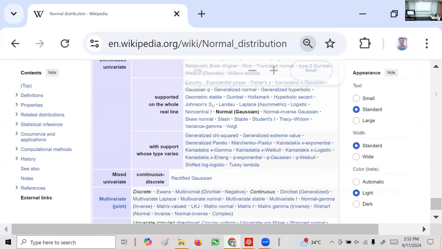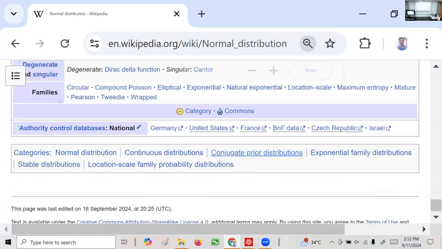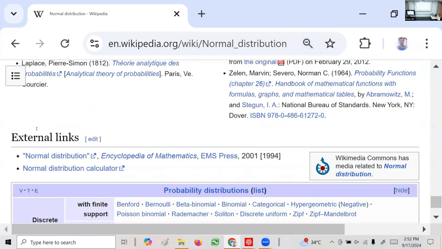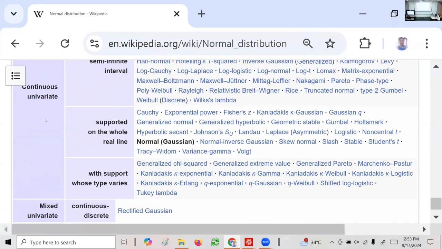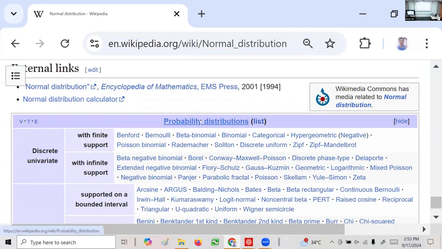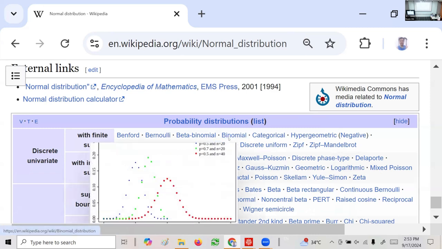So far you are living in this world, univariate. Probability distributions: discrete, finite, discrete, infinite or countable, right? Where's the one that I gave you? Binomial. Where's the one that is discrete but infinite?